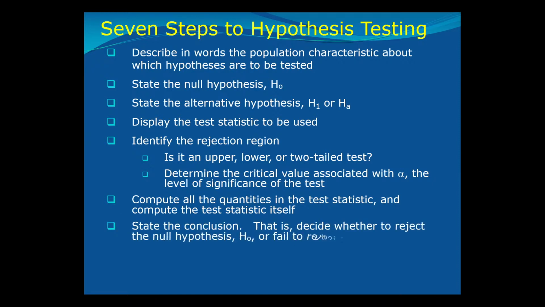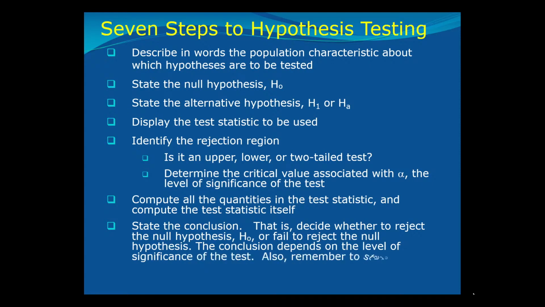Then we need to state the conclusions, that is, decide whether to reject the null hypothesis H0 or fail to reject the null hypothesis. The conclusion depends on the level of significance of the test. Also, remember to state your result in the context of the specific problem. It is very important to state our result in the context of the specific problem.